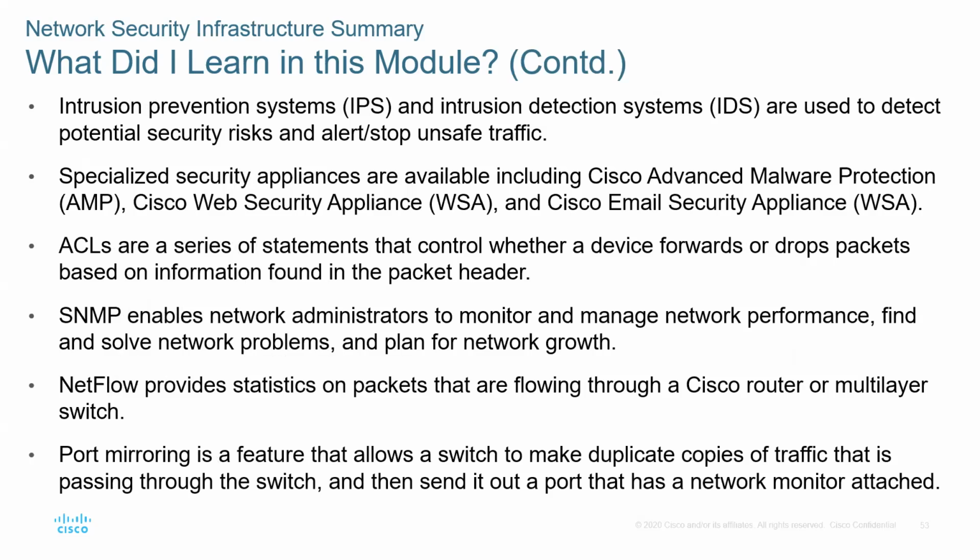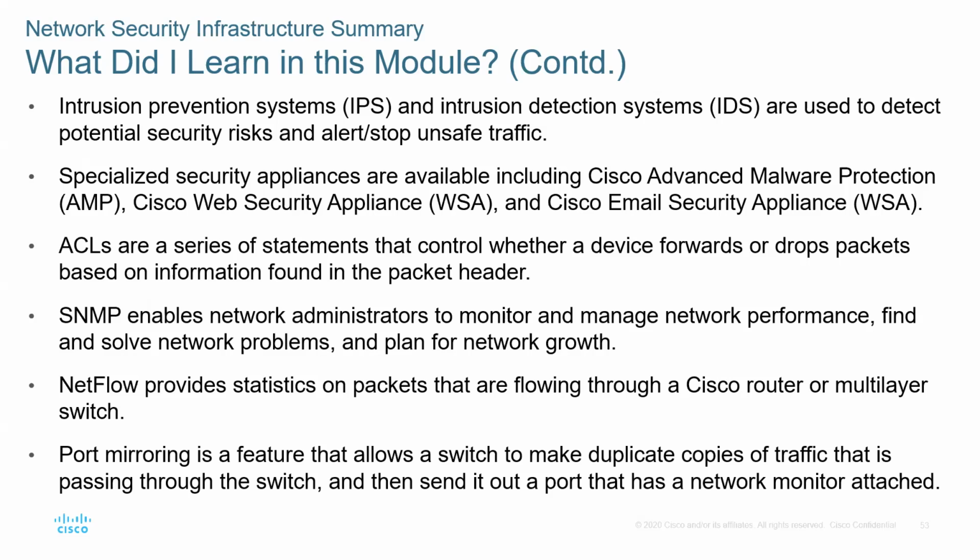Remember, this is going to try to stop it before it ever comes in. And then intrusion detections are used on the network itself to alert and stop unsafe traffic if it recognizes a particular signature. You're going to have specialized security appliances that are available from Cisco, such as Cisco Advanced Malware Protection, Cisco Web Security Appliance, and their email security appliance.